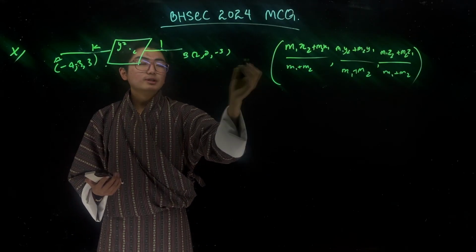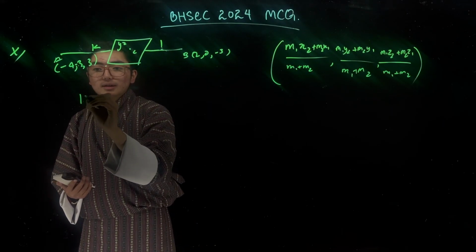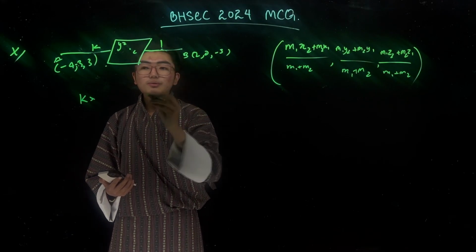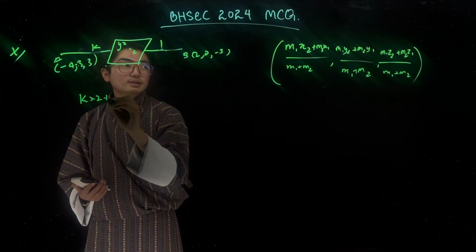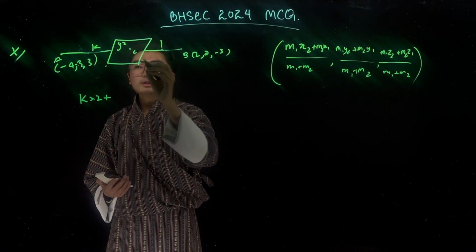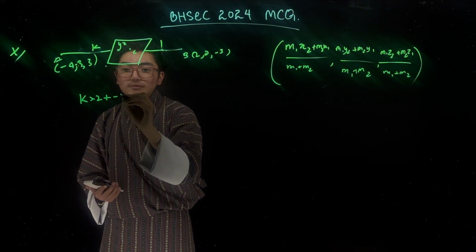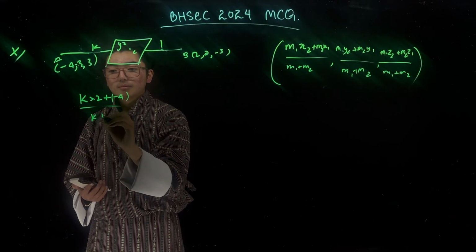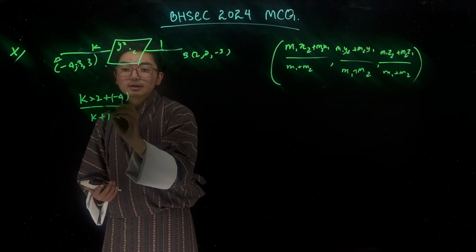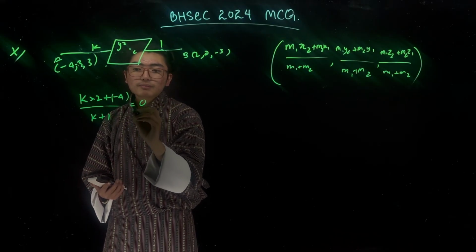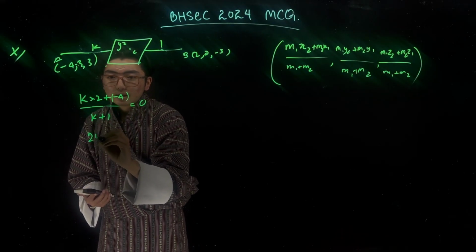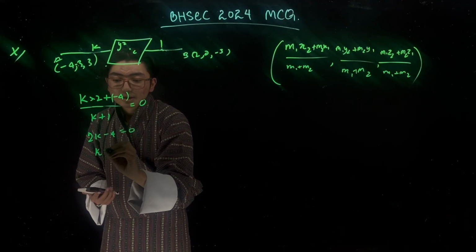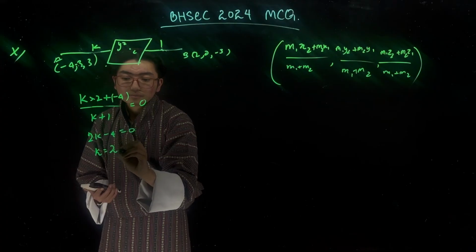So m1 is the first ratio k, so k times x2, which is 2, plus, now the second ratio 1 times -4, so -4, over k plus 1, and since we already know the x coordinate is 0, we get 2k minus 4 equals 0, which is basically k equals 2.